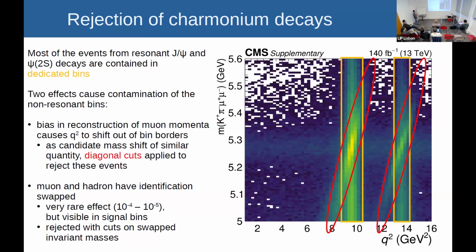Another effect that causes these resonant channels to leak into our signal channel is cases where one muon and one hadron have a swapped identification. So we have a B0 to J/psi K star event where one muon from the J/psi and one hadron from the K star have their identification swapped. Usually this happens when they're very close and the muon chamber information from the muon is assigned wrongly to the hadron.